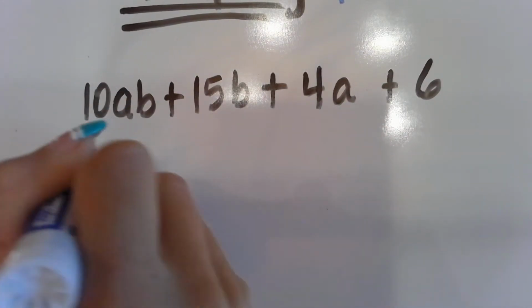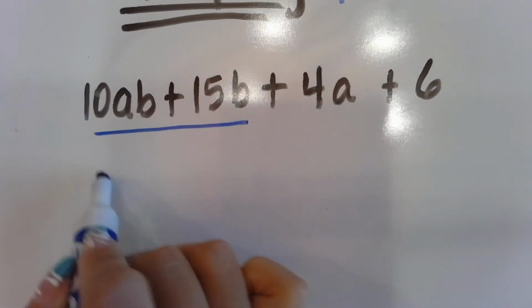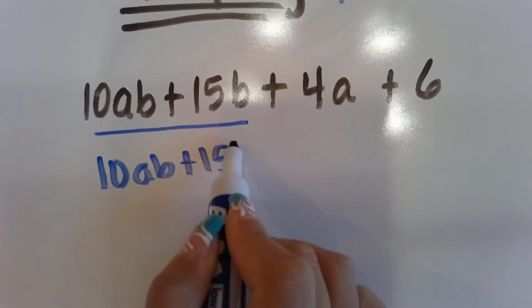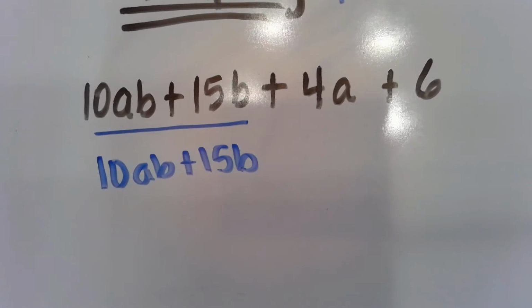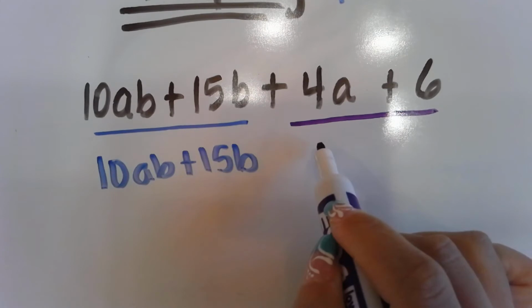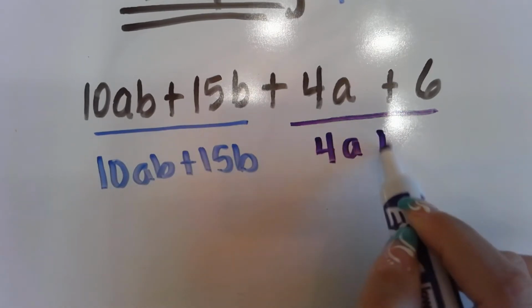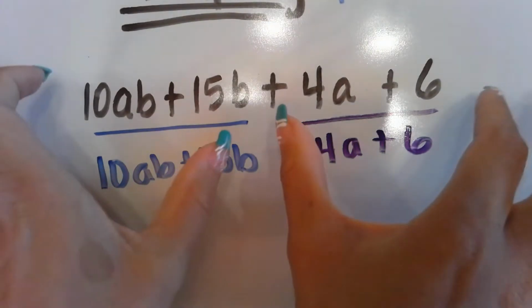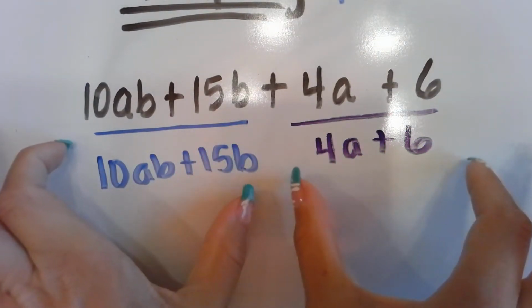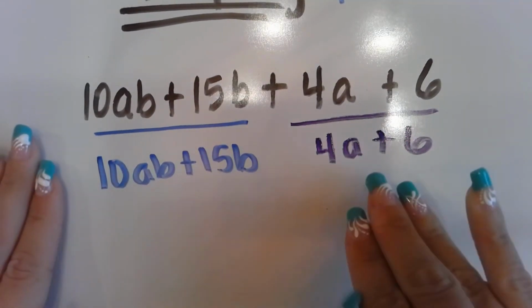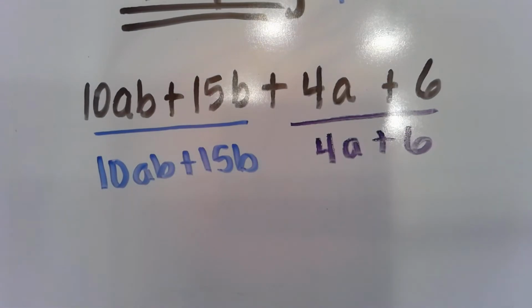We're going to take this piece and write 10ab plus 15b here, and we are going to take this second piece and write 4a plus 6. What we are essentially doing is pulling these pieces apart, and we are going to be factoring each of them separately. Let's go ahead and get into it and see what it looks like.